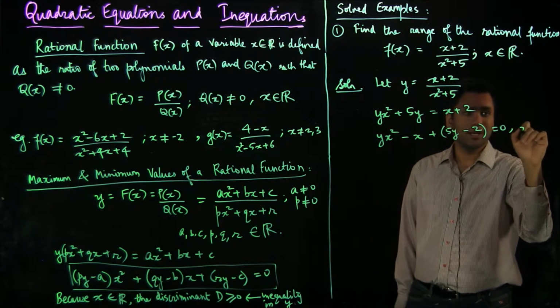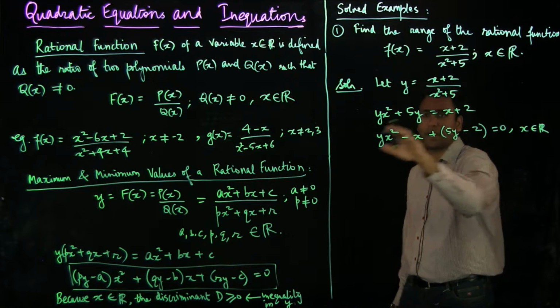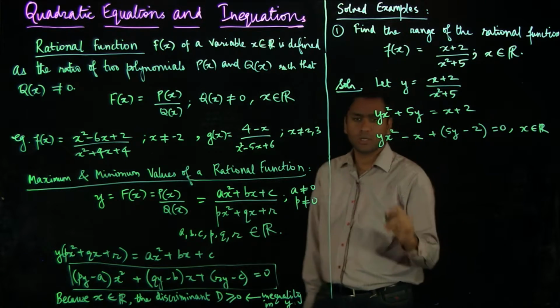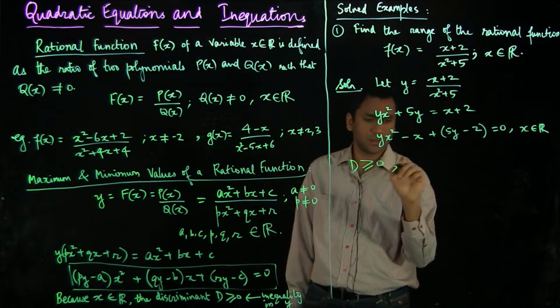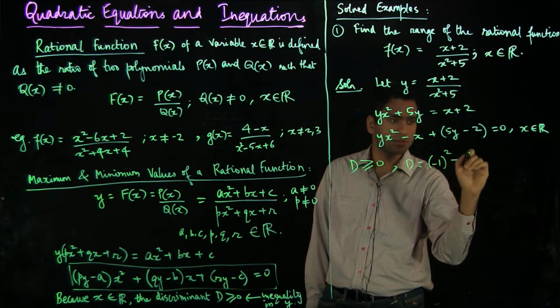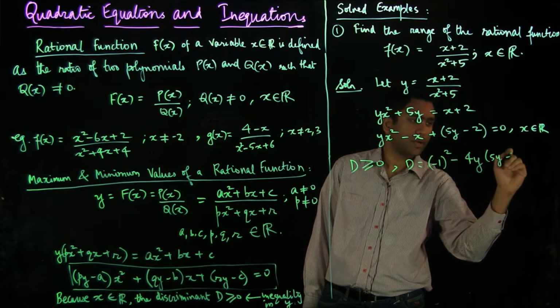And we know that x is a real number. So for x to be real and x to also be a solution of this quadratic equation, we know that the discriminant D should be greater than or equal to 0. So what is D here? D is b squared minus 4ac. So minus 1 squared minus 4 times y, which is a, times (5y minus 2).